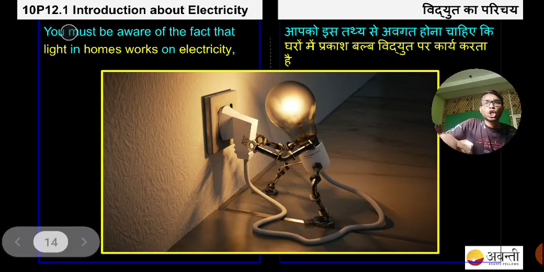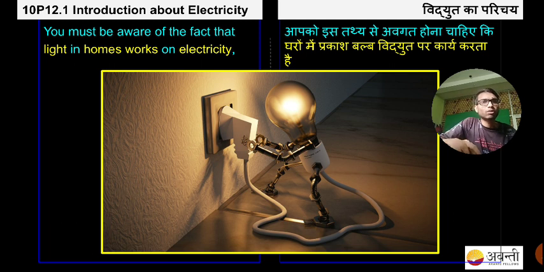Now, you must be aware of the fact that lights in homes work on electricity. If we use a small electric cell, a small battery, in our home for a bulb or a computer or advanced devices, then it will not work at all, because these small cells are not made for advanced devices.